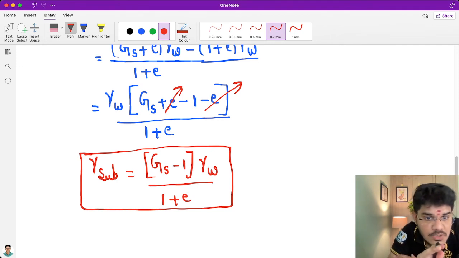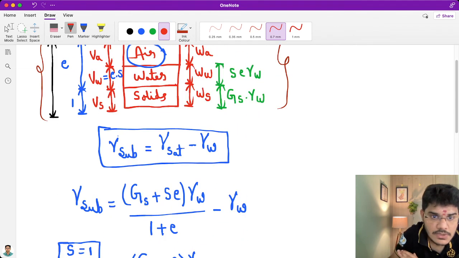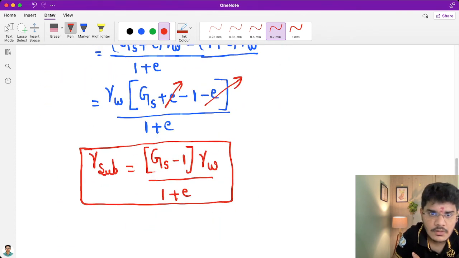So gamma submerged is equal to (G minus 1) gamma W by 1 plus e. How have we derived this? Gamma submerged we know is gamma sat minus gamma W. The gamma sat formula we have already derived, that we have substituted here. Nothing new we have done here, and gamma W, as simple as that.